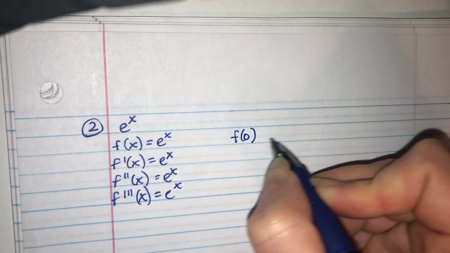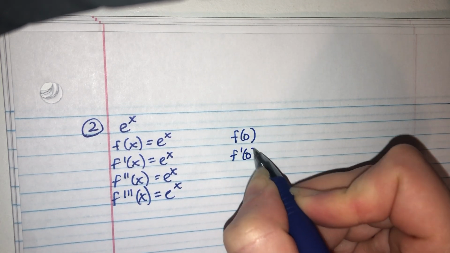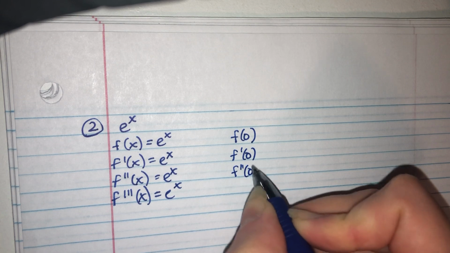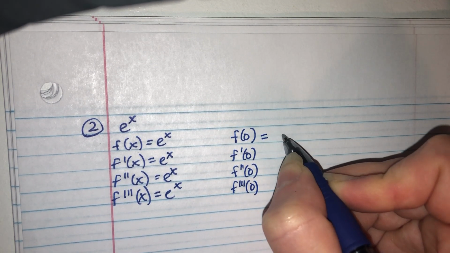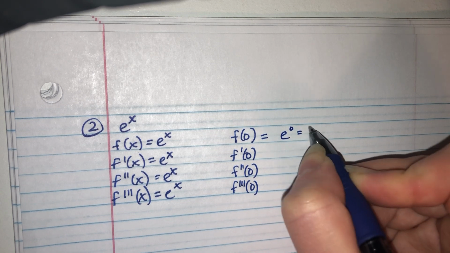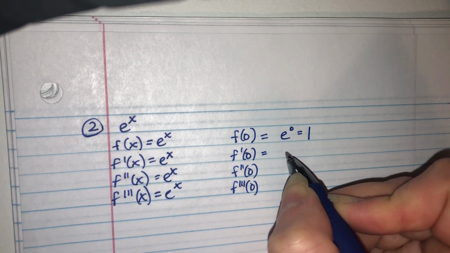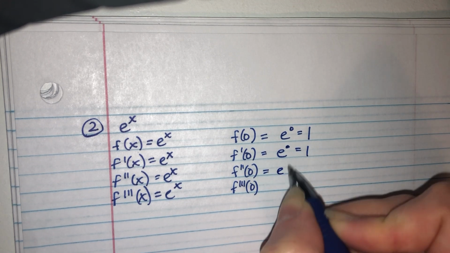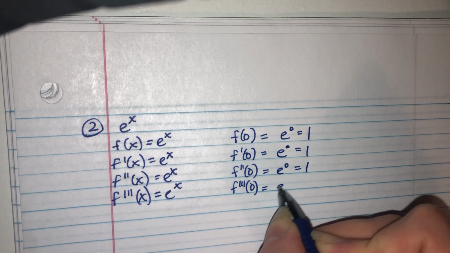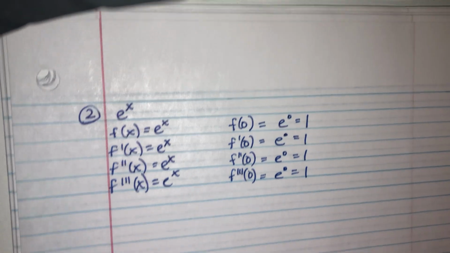F of 0, f prime of 0, f double prime of 0, f triple prime of 0. So f of 0 is e to the 0, which is 1. Anything raised to the 0 power is 1. And then we have e to the 0, which is 1, e to the 0, which is 1, e to the 0, which is 1.